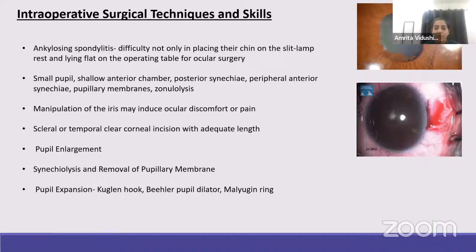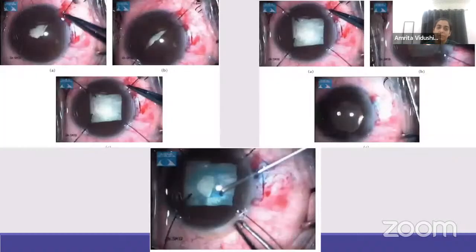Regarding pupillary enlargement, because of the limitation of poor dilatation in these cases, it is important that we plan for pupillary enlargement, and also plan for synechiolysis and removal of the pupillary membrane, which will again help increase the size of the pupil intraoperatively. Pupillary expansion can also be done with hooks and pupillary dilators, along with the Malyugin ring and other available options.